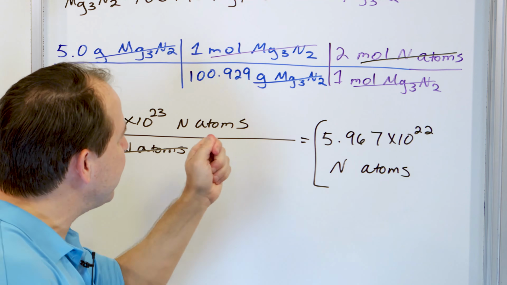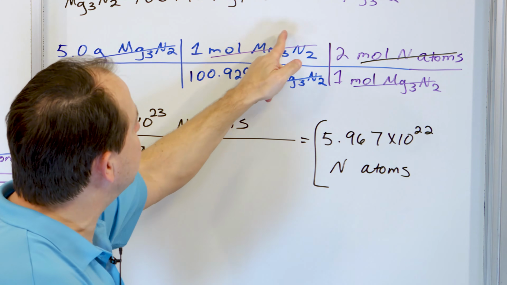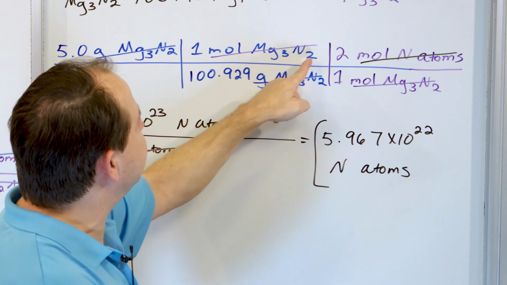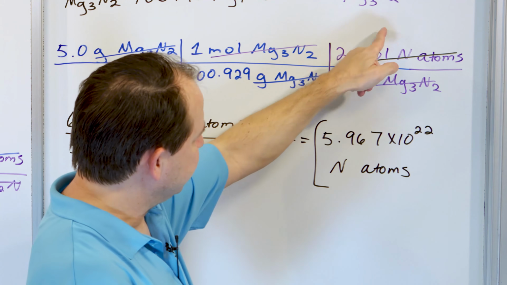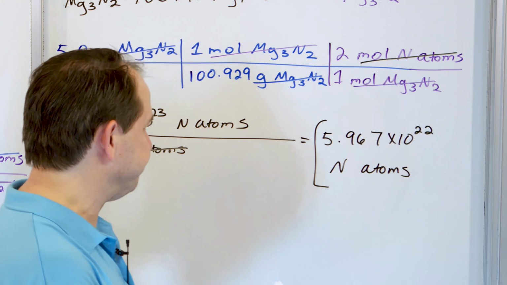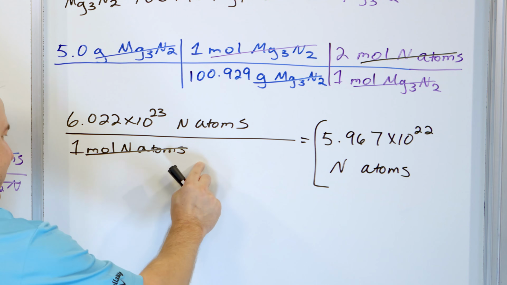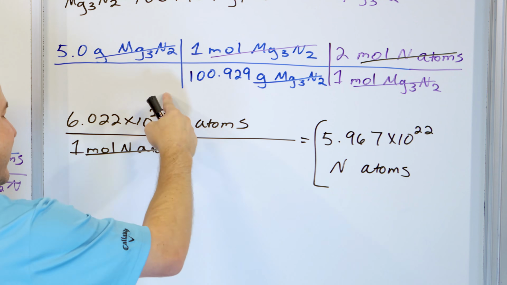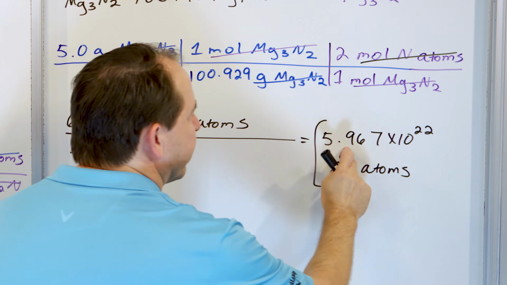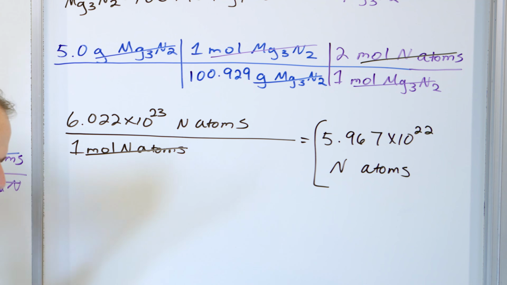The path through that is to know that 1 mole of this unit must contain 2 moles of nitrogen because there's 2 atoms for every one of these whole units. So 1 to 2. Notice how the unit is very explicit, moles of nitrogen atoms. And then for every 1 mole of those atoms is the gigantic number of nitrogen atoms there. And then when you do it, you get, of course, a very large number of nitrogen atoms.